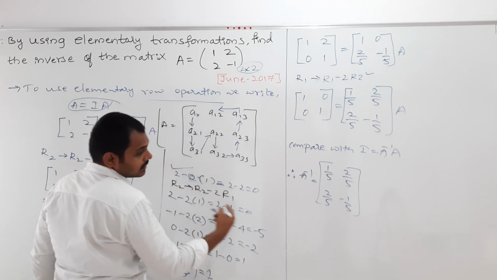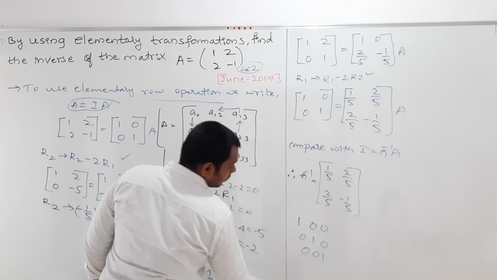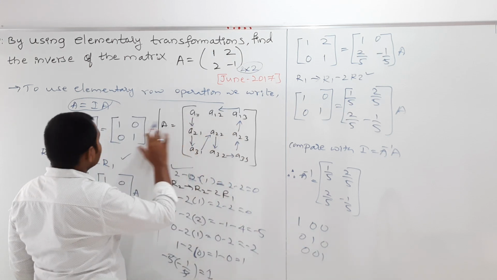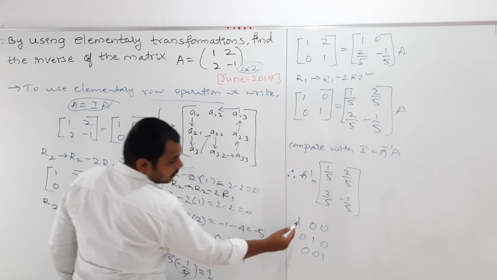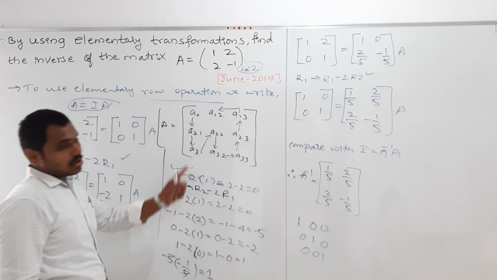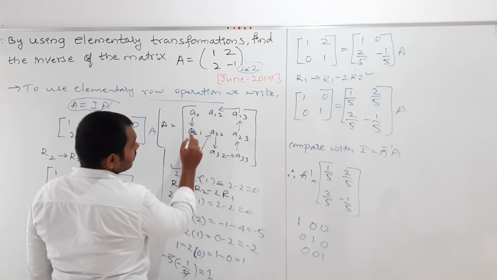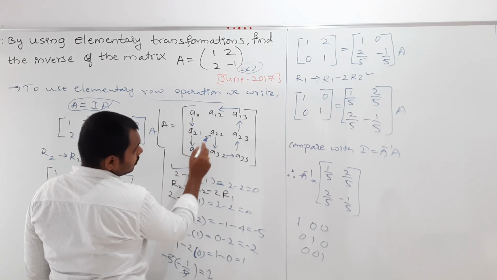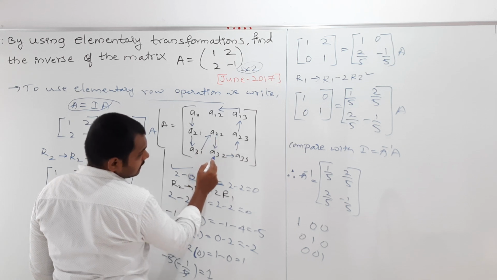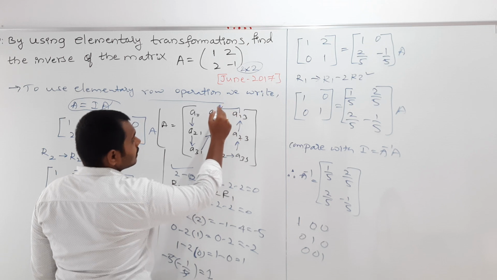What is the identity matrix of the order 3 cross 3? 1, 0, 0, 0, 1, 0, 0, 0, 1. So the LHS part you should convert to 1, 0, 0, 0, 1, 0, 0, 0, 1, and that to be in this order. Clear, my dear students? So first make this element 1, this element 0, this element 0, next this element 1, and so on.